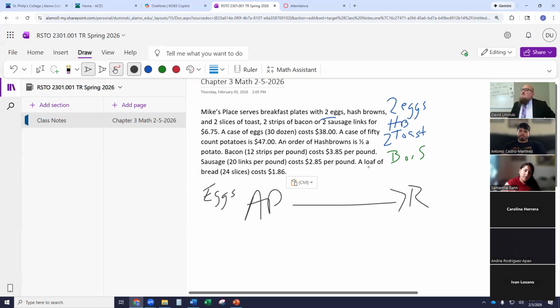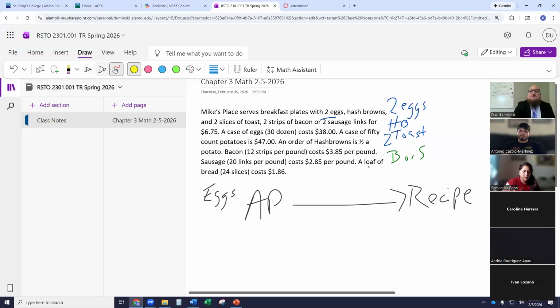With this AP to recipe, I'm very much a visual learner. I want to be able to see where my starting point is to where I need to go. So the R stands for recipe, I just abbreviate it with R. And the AP is the as purchased.